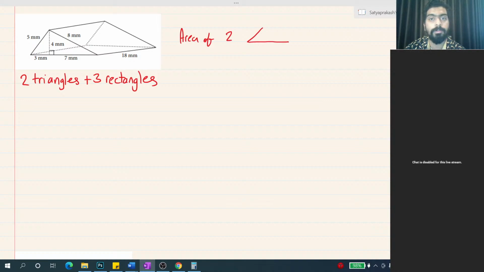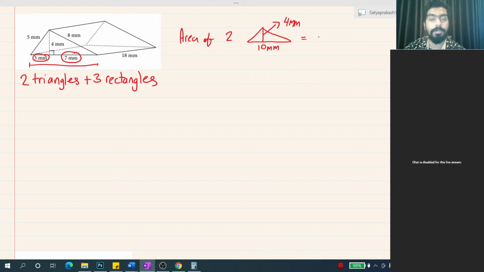The triangles look something like this, right? The base of this triangle would be 10 millimeter, so 3 millimeter plus 7 millimeter is 10 millimeter. And the height would be equal to 4 millimeter.